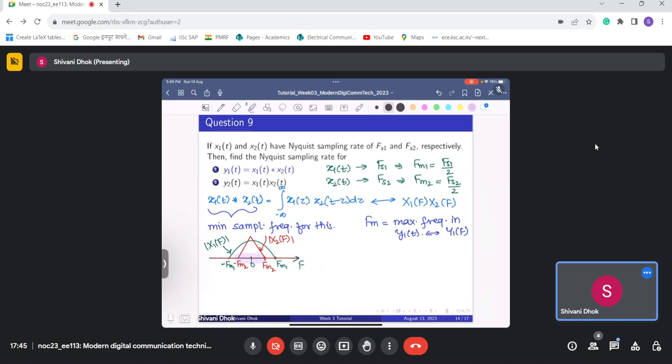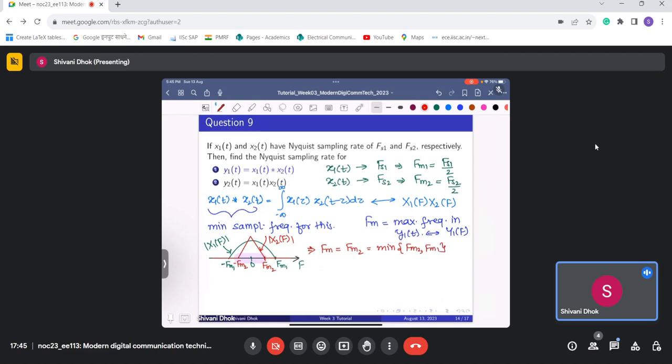So for this case fm is basically equal to fm2, which I can write as the minimum of fm2 comma fm1.